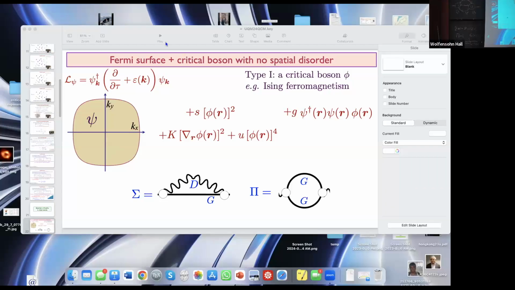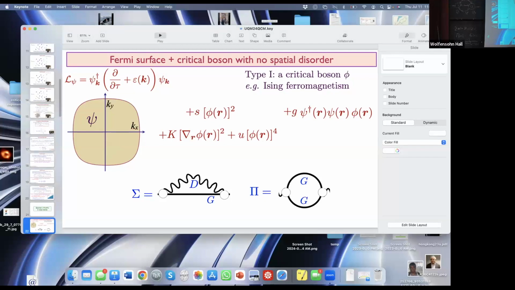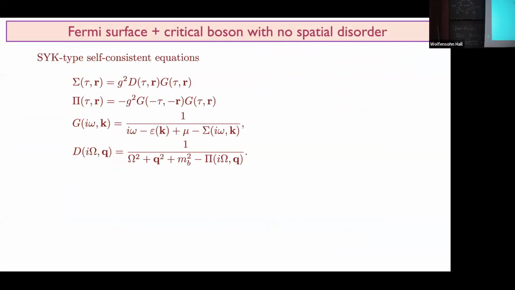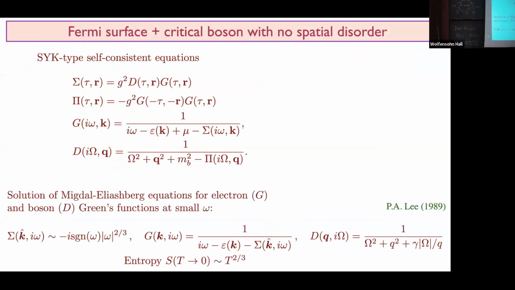And the solution he obtained, okay, share. All right. Okay, so the solution he obtained had actually been obtained. So these are the actual equations, and this was the solution Polchinski obtained, and this had been already obtained by Patrick Lee in '89.